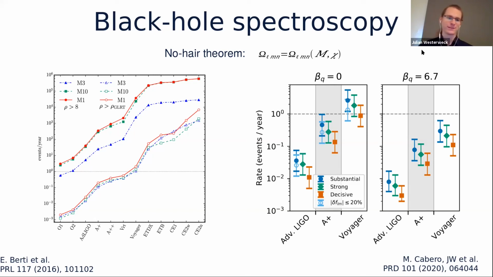And on the left, you can see the lower curves correspond to the events where such tests would be possible. And advanced LIGO is the third point from the left, where you can see that with detectors of the state that they are close to now, you would expect to be able to do this only once in tens of years of data.